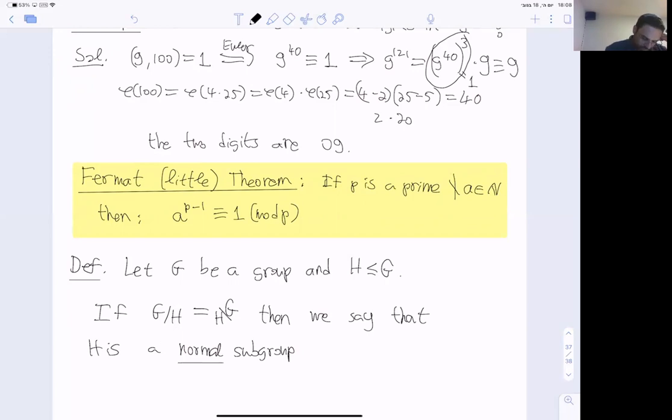Okay, and denote it in this way, H, this triangular symbol. Okay, so H is a normal subgroup. Of course, if G is abelian, then any subgroup is a normal subgroup.